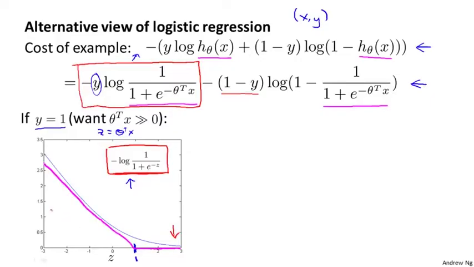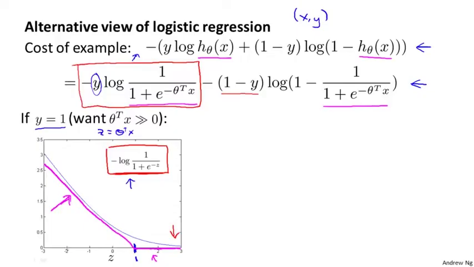So the curve that I just drew in magenta is a pretty close approximation to the cost function used by logistic regression, except that it's now made up of two line segments. There's this flat portion on the right, and then there's this straight line portion on the left.